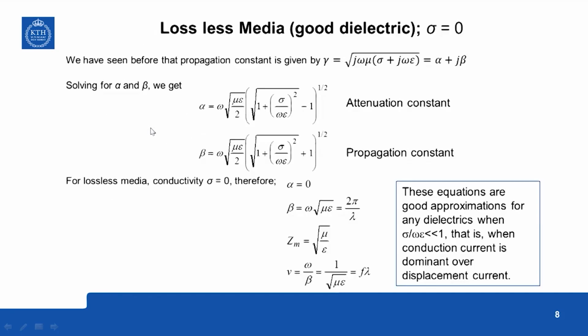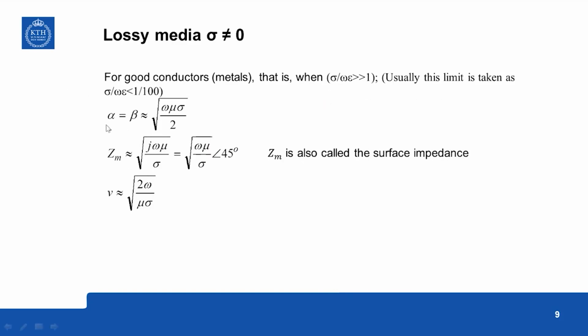So in that case, you will see that both alpha and beta are equal, because whatever is in this bracket is simplified as sigma by omega epsilon squared. Then this square root is also coming. So you see that alpha equal to beta, and which is approximately equal to square root of omega mu sigma by 2.